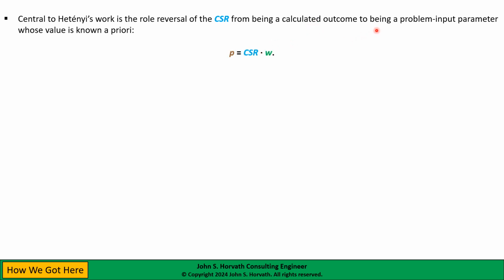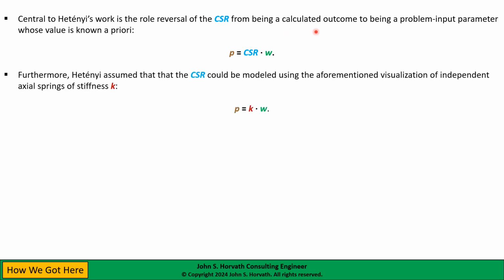Hetenyi turned it around. He assumed that coefficient of subgrade reaction was somehow known beforehand. And he further assumed it could be modeled using the aforementioned visualization of independent axial springs of stiffness K. So we've replaced the coefficient of subgrade reaction, which is really a problem outcome, with a problem input parameter K.